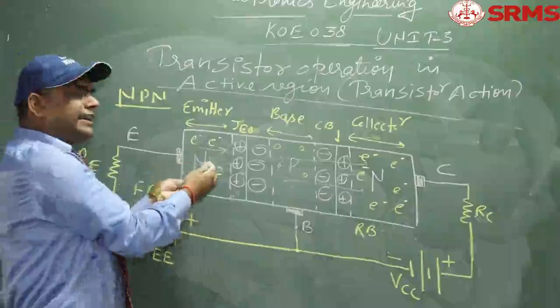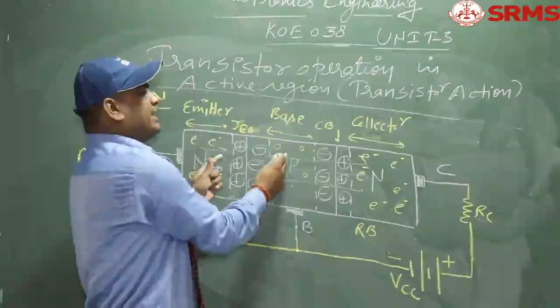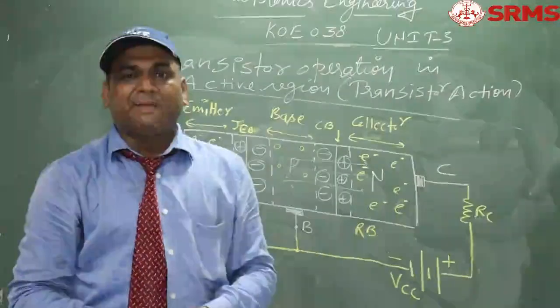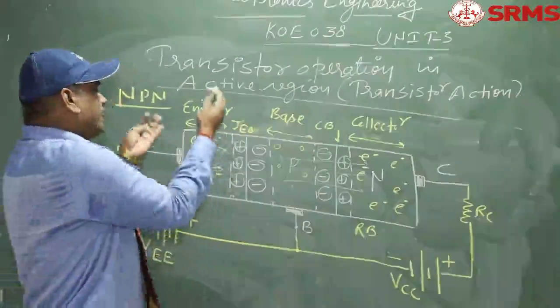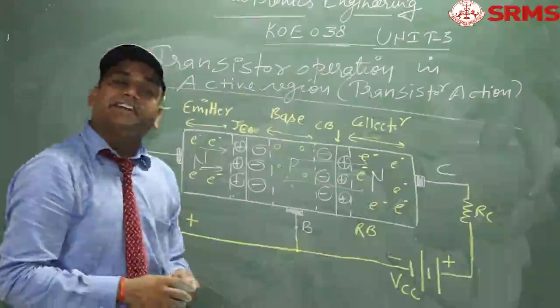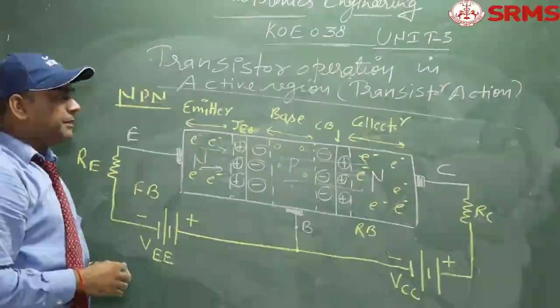So if you transfer 100 electrons from emitter to base and towards the collector terminal, only 2 electrons are going to recombine in the base region. So we are able to receive almost all these 100 electrons at the collector terminal. This is a very simple concept.